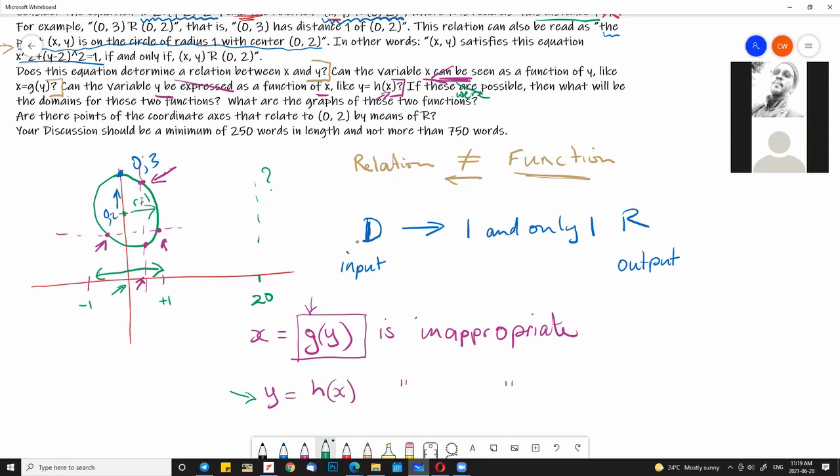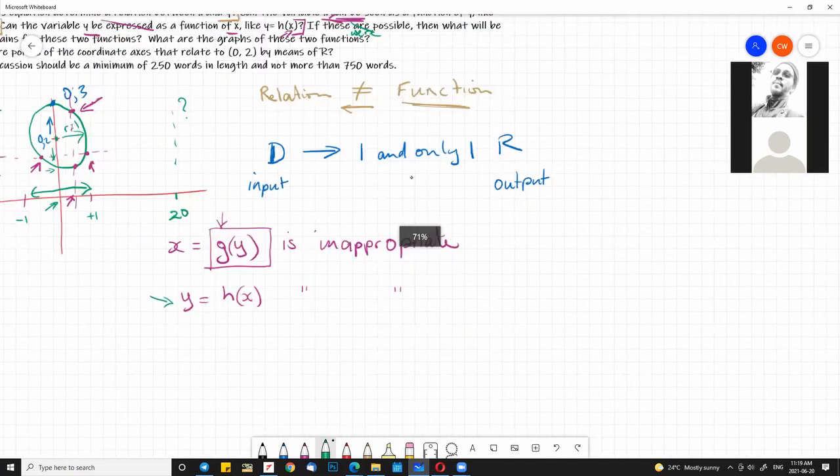And we know that the domain going this way will be between 1 and 3, because this will be 1 away from the center. So it'll be between +1 and +3.